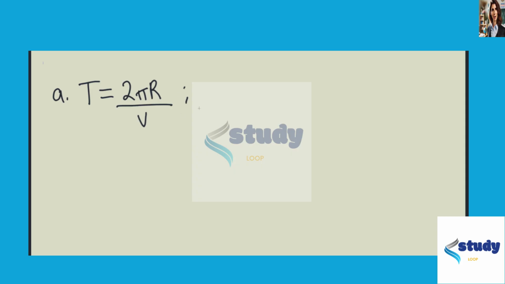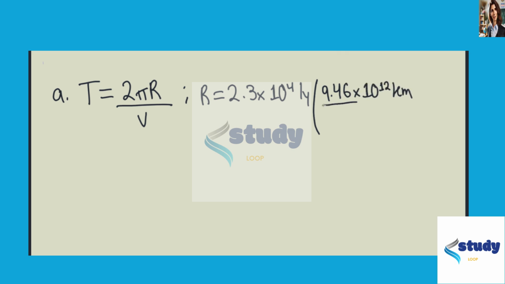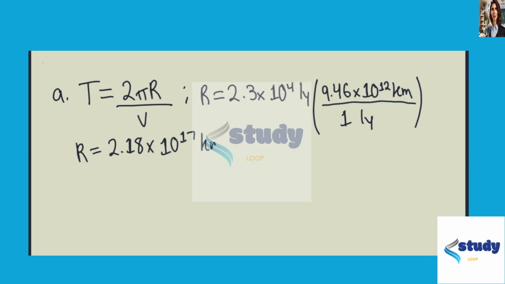We know that r would be equal to 2.3 times 10 to the fourth light years, and there are 9.46 times 10 to the 12 kilometers for every 1 light year. Therefore, the radius is going to be equal to 2.18 times 10 to the 17th kilometers.